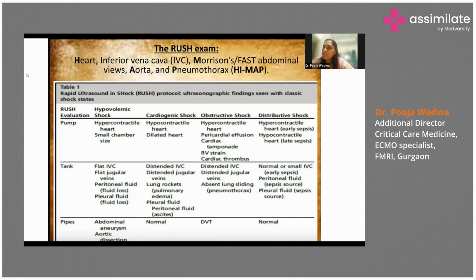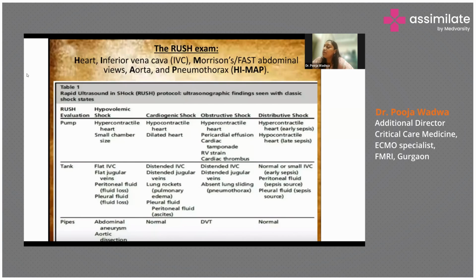Now, obstructive shock, like occurs in pulmonary embolism. Here there is no abnormality as such of the heart. It is only because it is not getting enough supply. So the contractility, that is the pumping, will be normal. There will be evidence of pericardial effusion or cardiac tamponade.